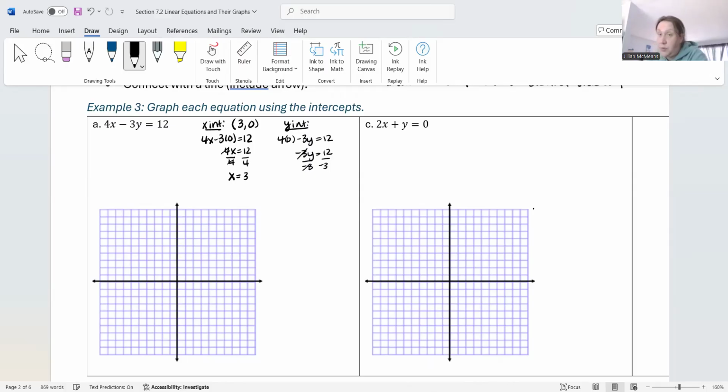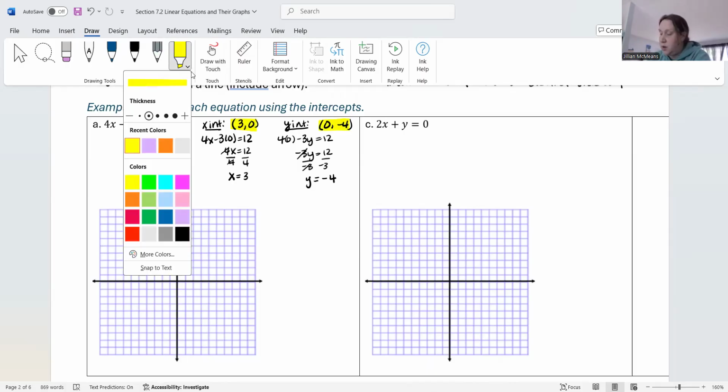On the left, negative 3 divided by itself is 1, and 1 times y is just y. And 12 divided by negative 3 is negative 4. As an ordered pair, x is 0, and when x is 0, y has to be negative 4. So we have our intercepts, and we've done step 1: we determined the x and y intercepts.